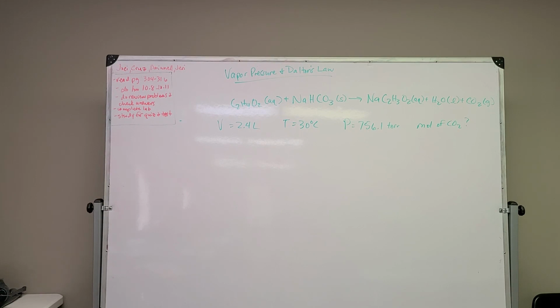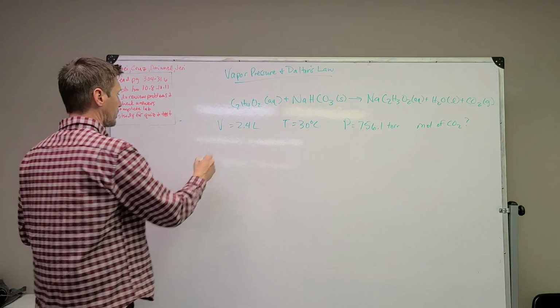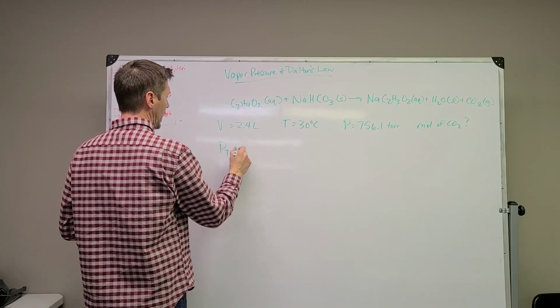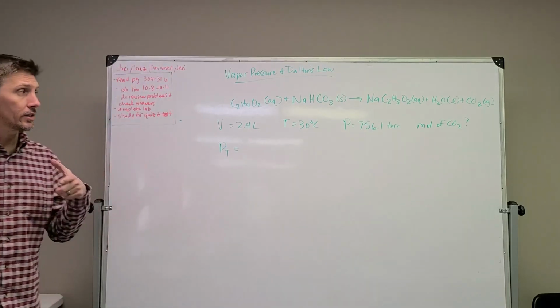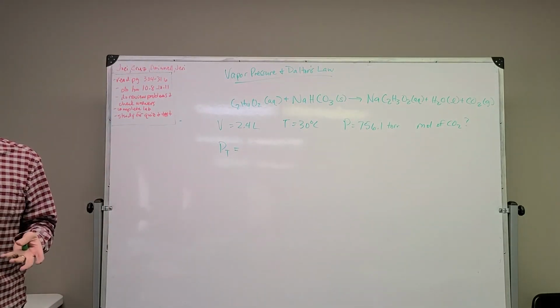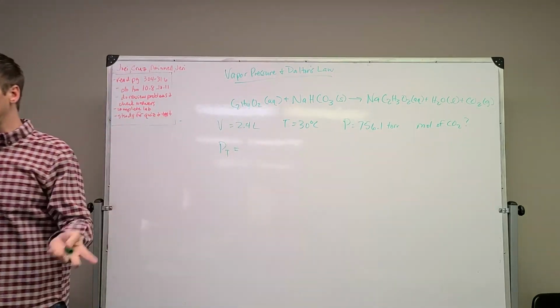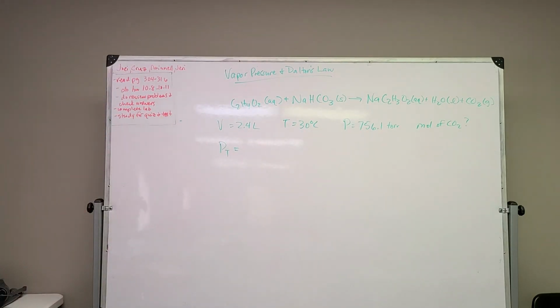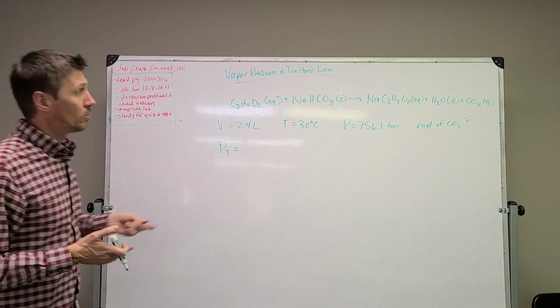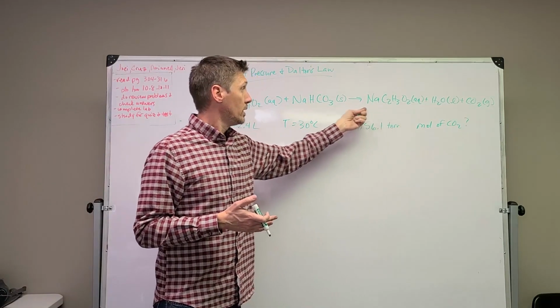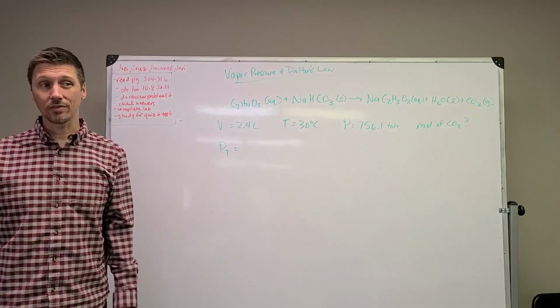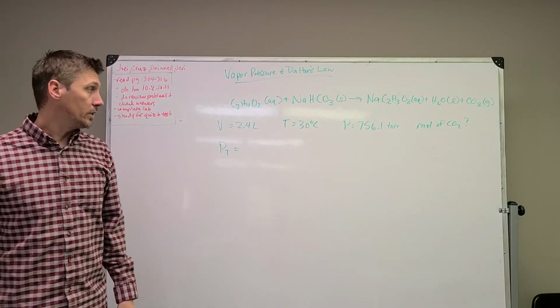And so what we know from Dalton's law is that we've only got two gases here. We collected this carbon dioxide gas, but the reaction took place in water, in an aqueous solution, which means it's been mixed with water. So in addition to the CO2, we're also going to have some water in gas form, and we need to subtract that out.